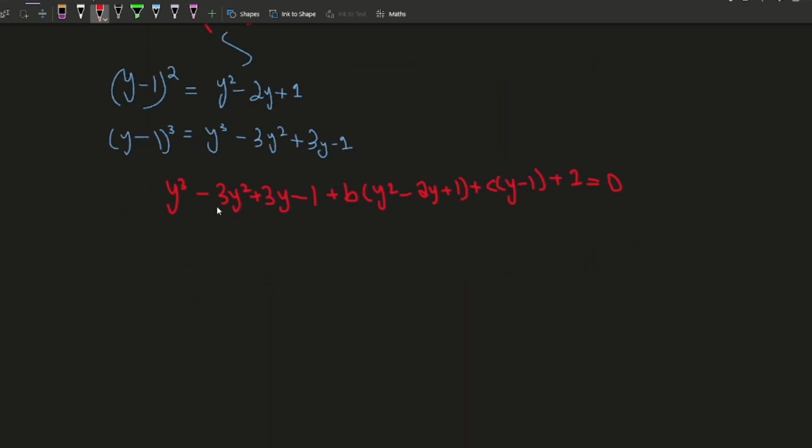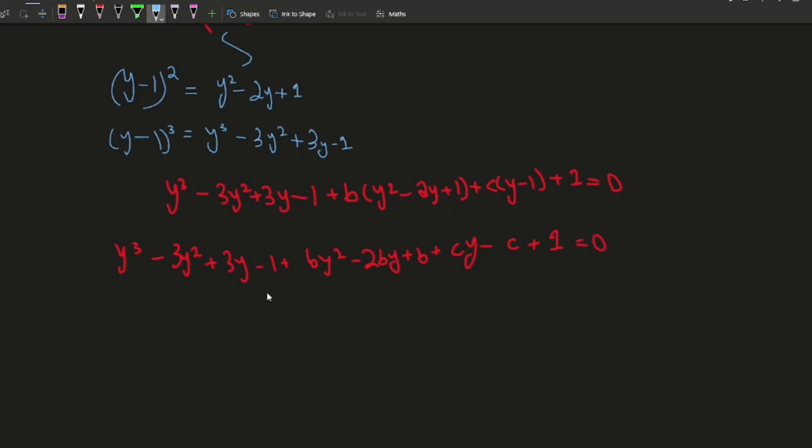Okay, so now let's expand everything. So this will be y cubed minus 3y squared plus 3y minus 1 plus by squared minus 2by plus b plus cy minus c plus 1 equals to 0.